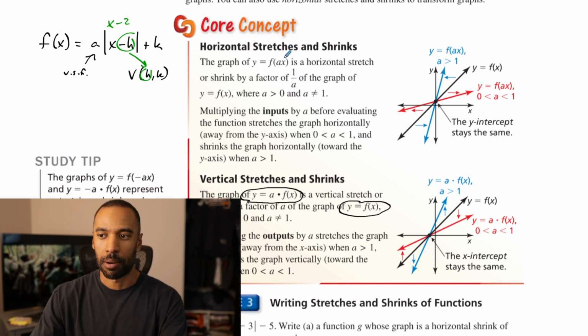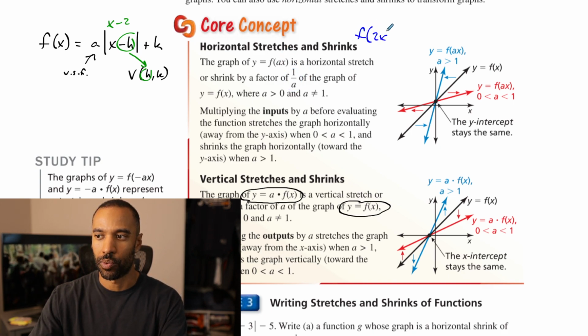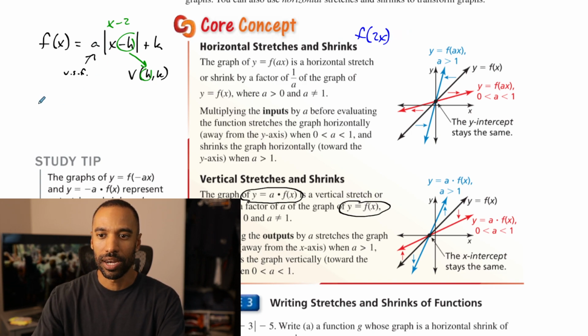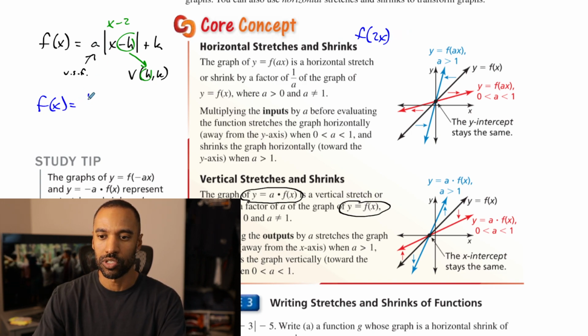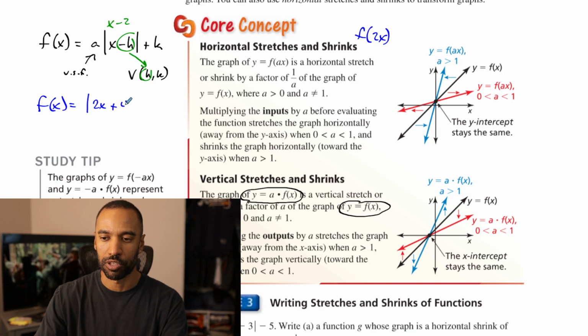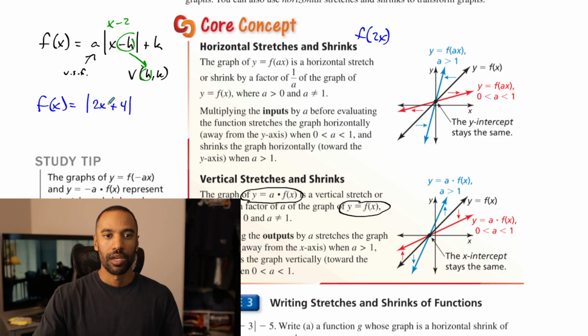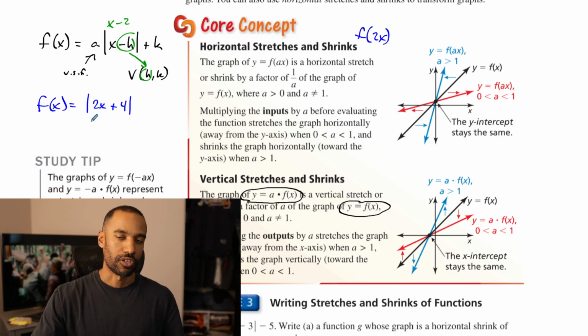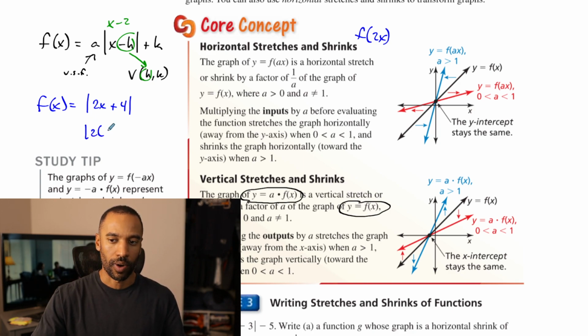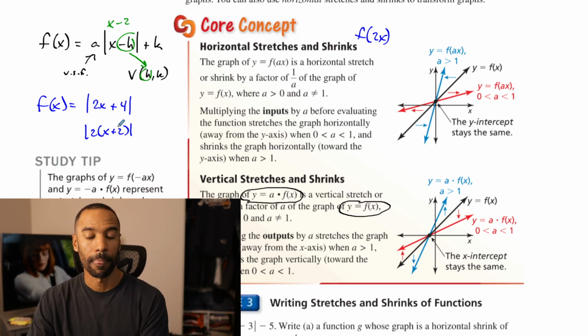If a is a number like 2, if this says f of 2x, or if this says f of x equals absolute value of 2x plus 4, and I'm sure we're going to get those, well, there's a factoring thing that we're going to do, right? And that's why I like that they did that before, that you should factor the 2 out of here.